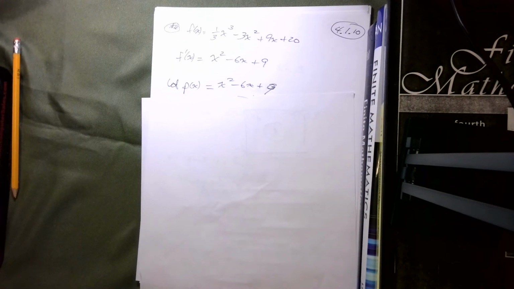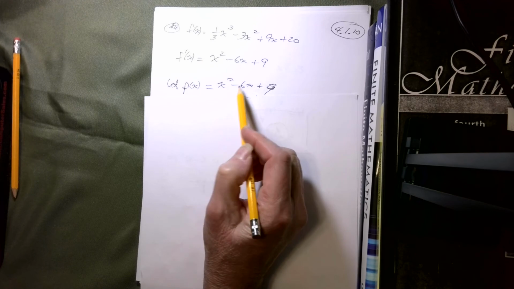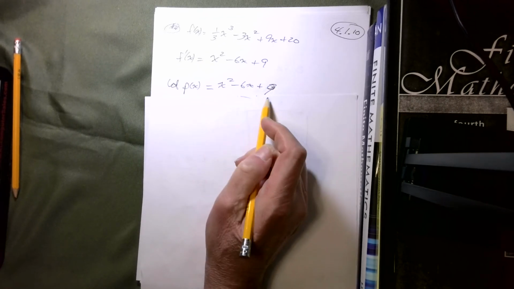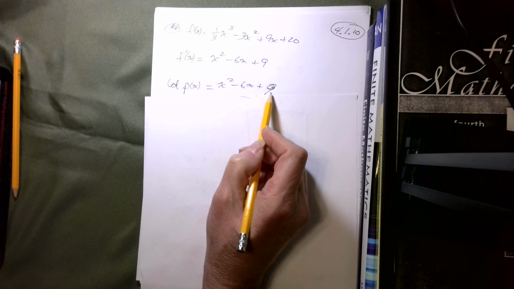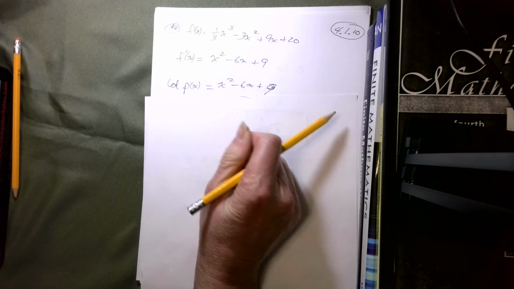So now we're going to play the same game we played earlier in the semester. I'm going to take this thing and call it something. Now this one's probably pretty easy to factor, right? The only factors of 9 are 1 and 9 and 3 and 3. Suppose we don't know that.